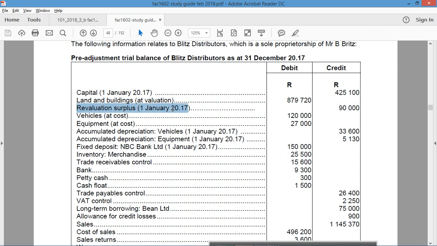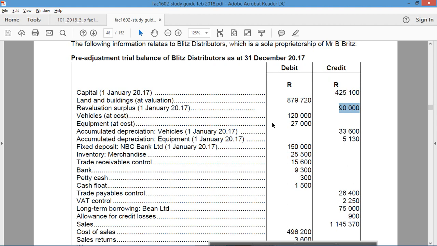So looking at that, I'm assuming that the land and buildings was probably the one that changed value, because they said at valuation. And this was when? The 31st of December, which is the end of the year. But notice it's pre-adjustment, so I still need to adjust for the differences. So where am I going to put this if it's got a credit?